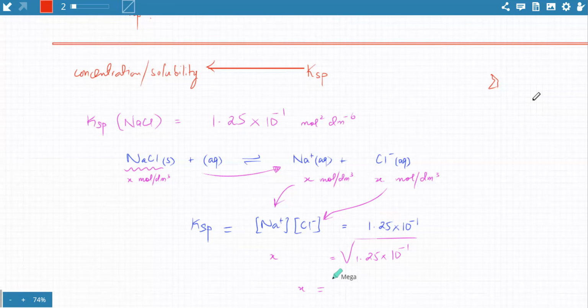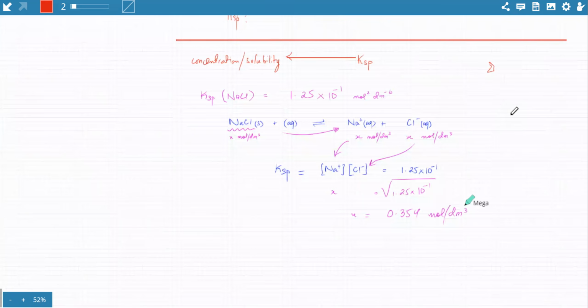Can you double check? Mole per decimeter cube. Sarah, did you try this on your calculator? Yes, it's correct. 0.354, that's fine.